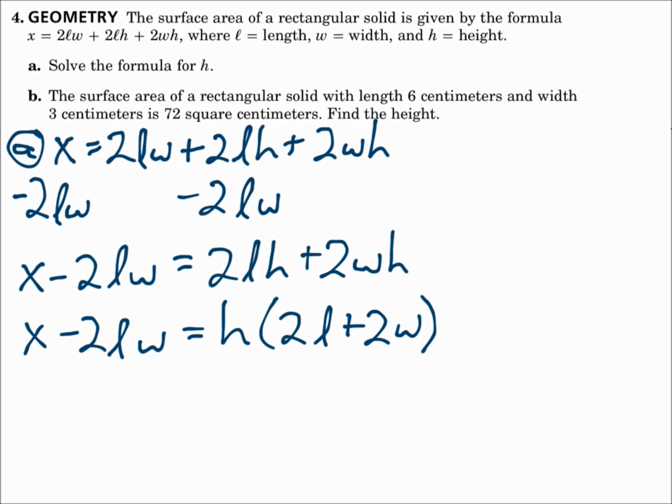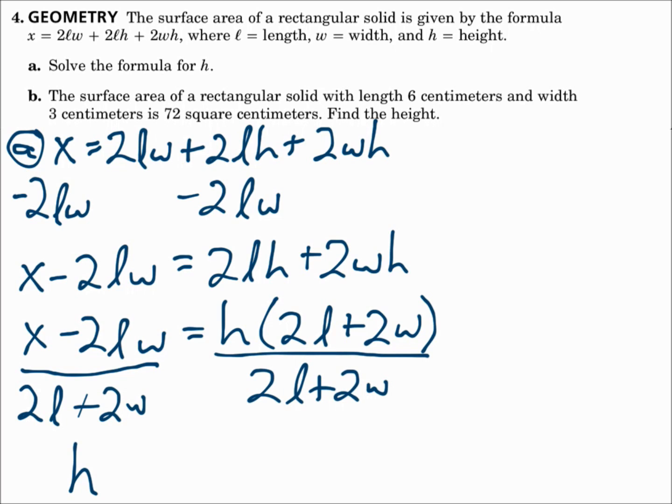Now you have h times that quantity. Do the opposite operation and divide by it. Divide both sides by 2L plus 2W. The 2L plus 2W cancels on the right, leaving h, and that equals x minus 2LW all over 2L plus 2W.